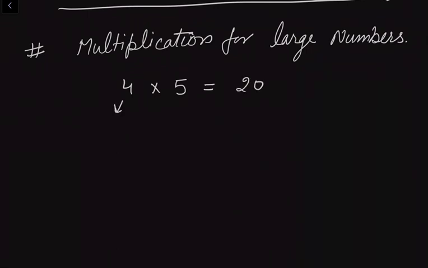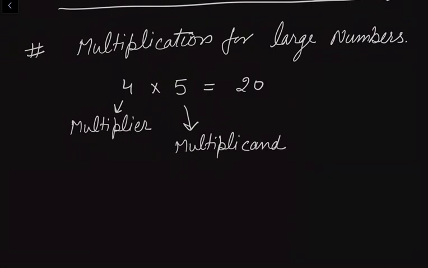Then 4 is the multiplier, 5 is the multiplicand, and 20 is the product. On the basis of this and many other basic rules, we will do questions.